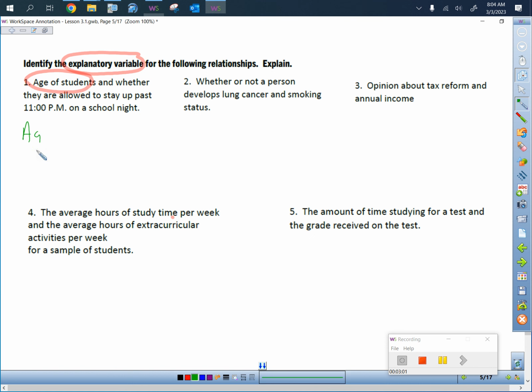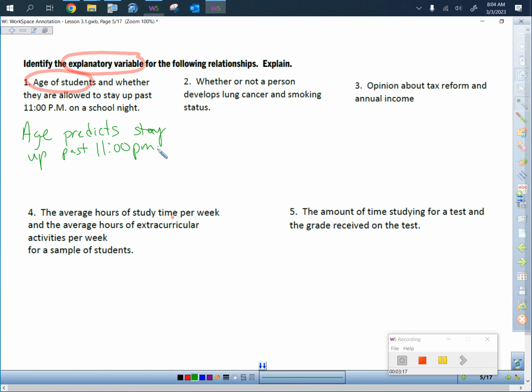The age predicts whether you can stay up past 11. That's probably the case. It's not always the case, but statistically speaking, if you know the age of a student, you can usually predict if they're allowed to stay up past 11 or not.